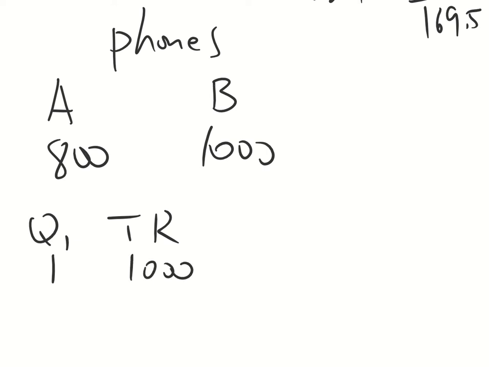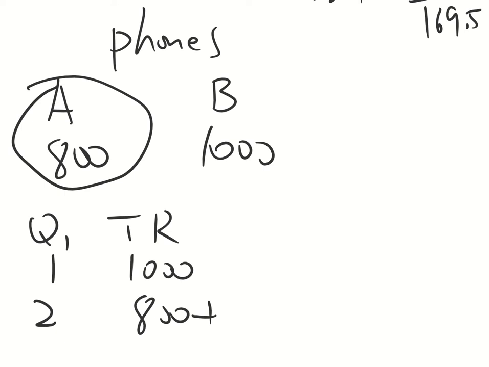But if I want to sell 2 units, can I still charge $1,000 for the phone? I can't, because person A wouldn't buy the phone since person A is only willing to pay $800. So to sell one more unit, I must lower the price to $800. If I sell 2 units, I will sell to person A for $800. Now, can I still sell to person B for $1,000?